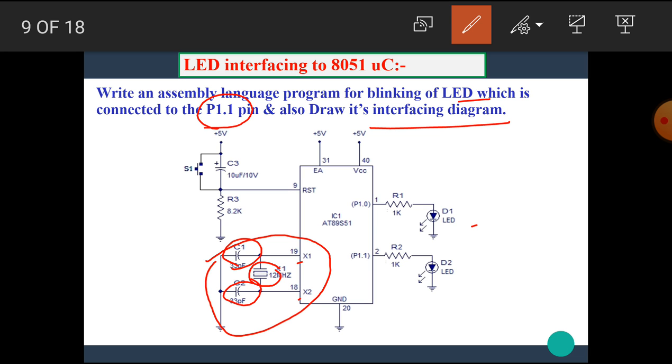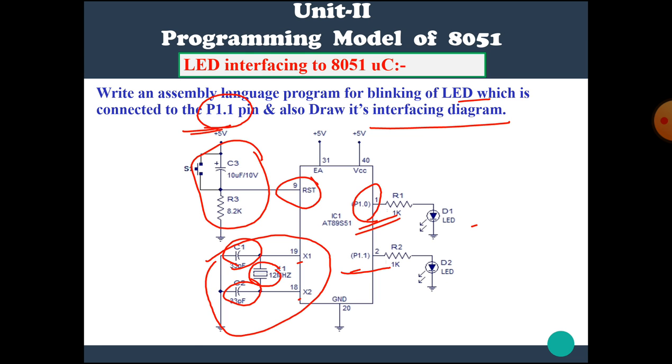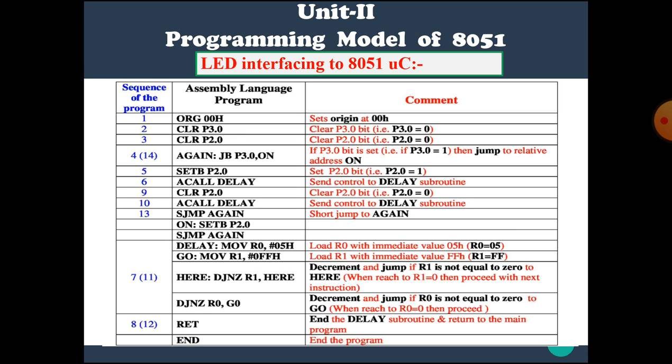This is the reset circuitry, connected with pin number 9, and we want to blink the LED which is connected at the P1.1 pin. Now let's see the assembly language programming.